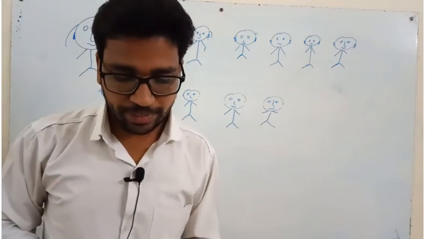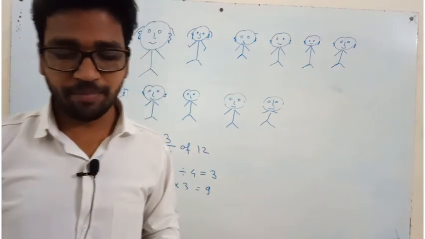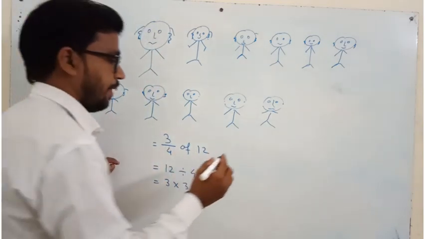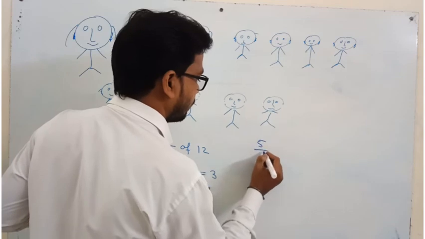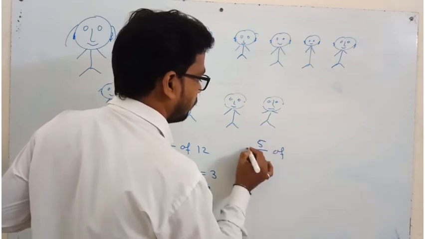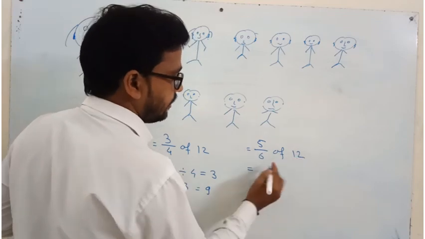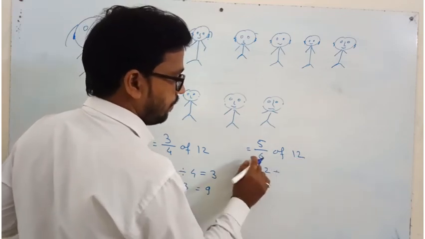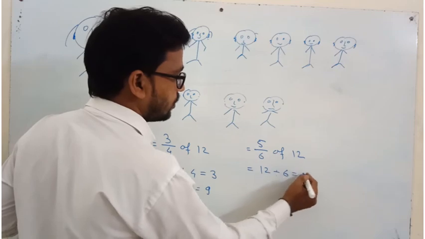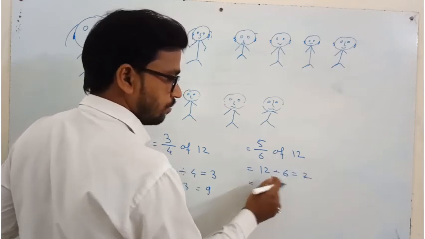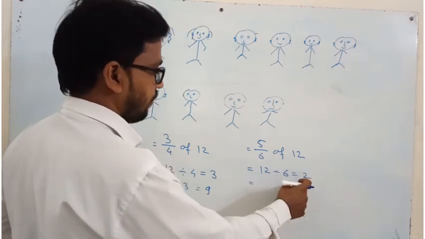So now the second is 5/6 of them, where to put bindis. Okay, 5/6 of what? 12. Okay, same, divide this 12 by which number? By the denominator. So 12 by 6 equals 2. This 12 divided by 6 means 6 twos are 12.